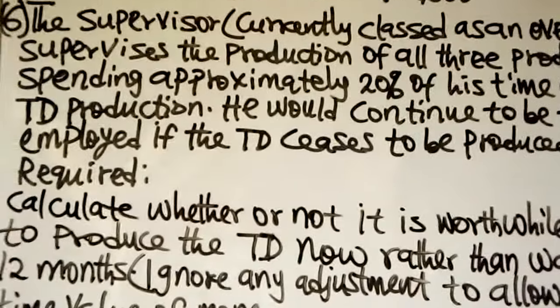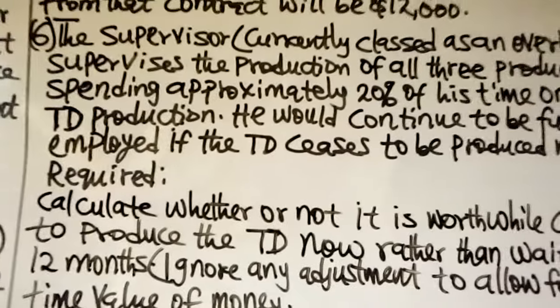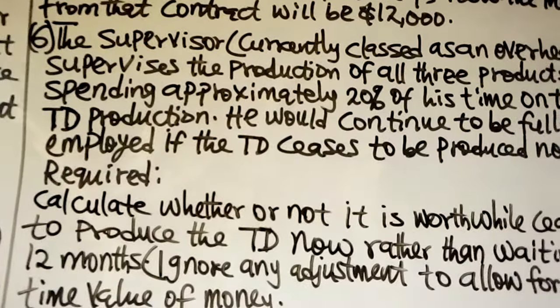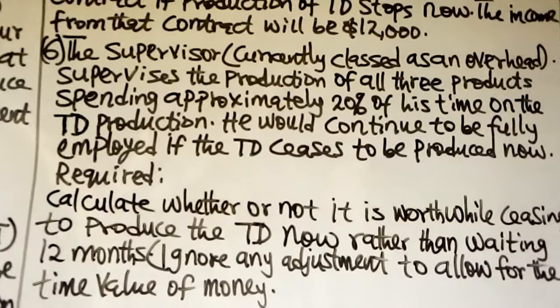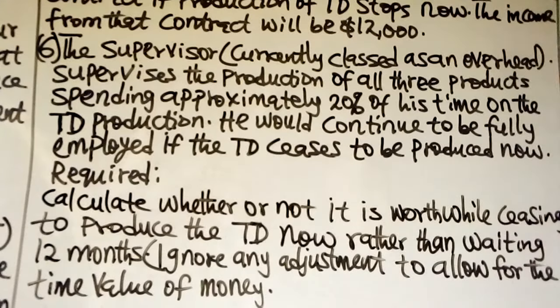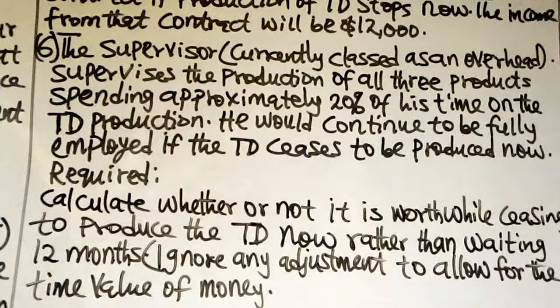6. The supervisor currently classed as an overhead supervises the production of all 3 products, spending approximately 20% of his time on the TD production. He will continue to be fully employed if TD ceases to be produced now.